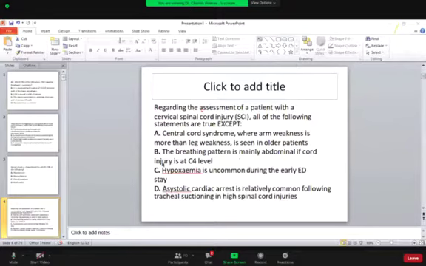I'm not sure about the last option, but indeed there could be asystolic cardiac arrest, as there is sinus bradycardia, which can be severe. During tracheal suctioning it could lead to autonomic dysreflexia. So it's probably C. I'm not sure.